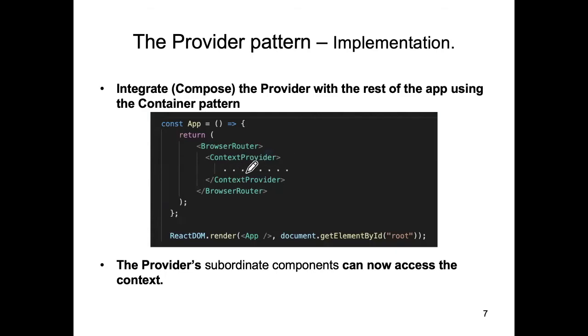By virtue of the fact that I am composing my provider with the rest of the app, with all of the pages in my app, that will allow all of the pages and the components within those pages to potentially have access to the context itself. And we'll see how in a second. So that's kind of boilerplate in a way, really.